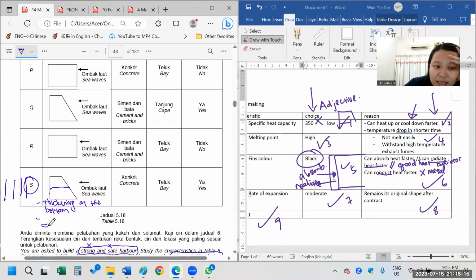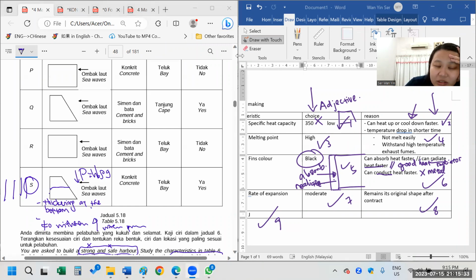So thickening at the bottom to withstand, because P equals h rho g. So the higher the depth, the higher the pressure, to withstand high water pressure at the bottom.